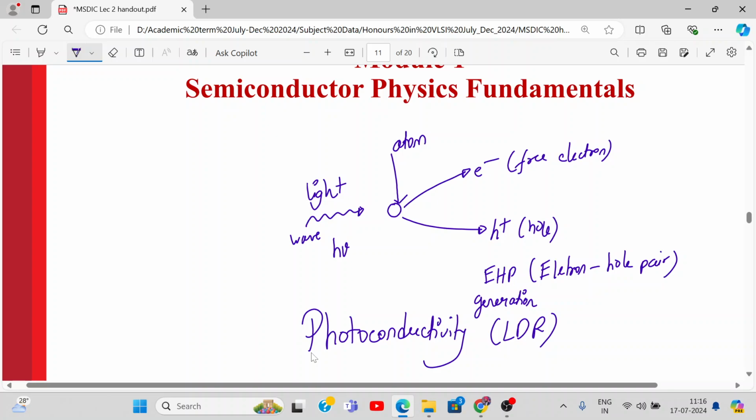Again, light comes as a photon, and it gives away a free electron and a hole. So there is EHP generation taking place. Because of that, the conductivity of the semiconductor material changes. Understood this topic? Hello?